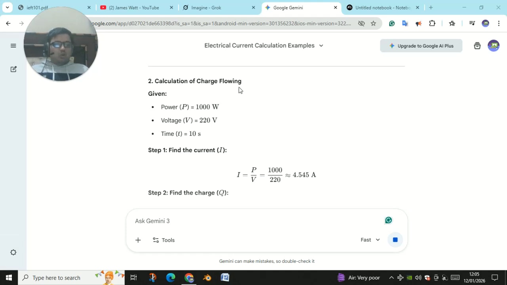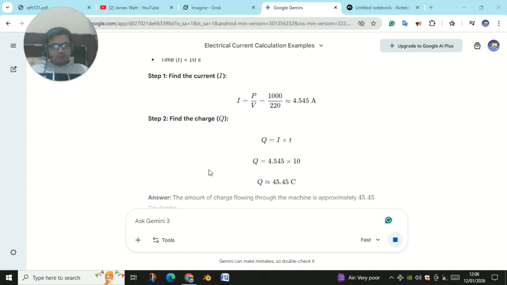Calculate the charge flowing. Given power is equal to 1000 watt, voltage 220 volt, time 10 second. Find the current. I is equal to P upon V, which is 1000 upon 220, that is equal to 4.545 ampere.